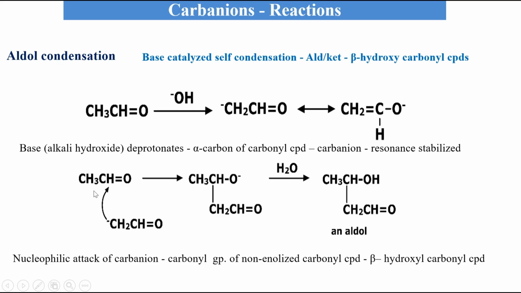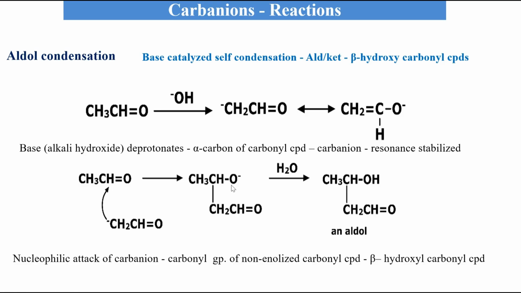Then the carbanion which is formed attacks the carbonyl carbon of another acetaldehyde molecule. Once the attack takes place, the carbonyl carbon has to maintain its tetravalency. The pi electrons move onto the oxygen, giving rise to an oxygen anion. It is unstable.